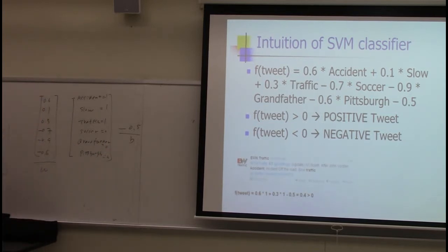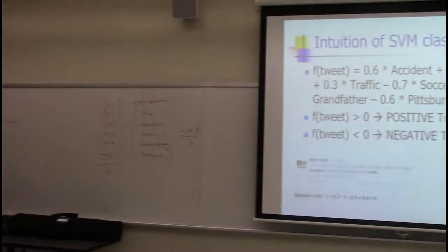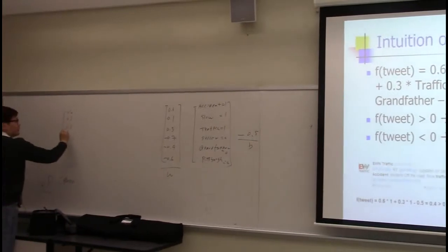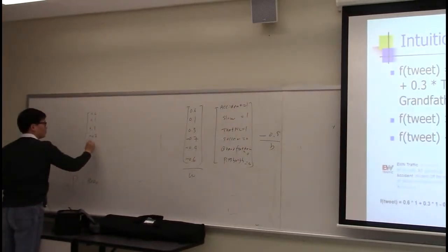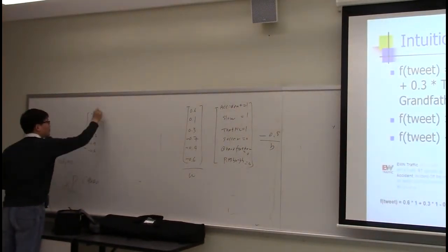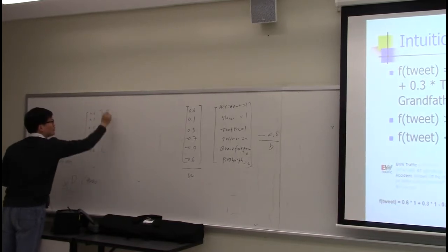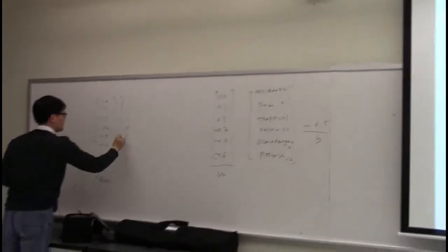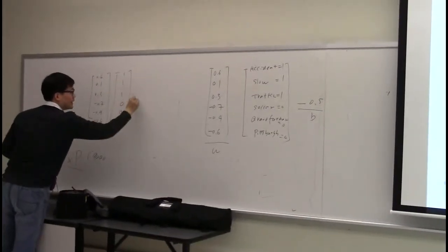So which means, so what we have is 0.6, 0.1, 0.3, 1, 0, 0, 0, minus 0.5.